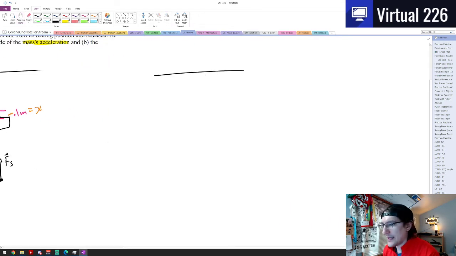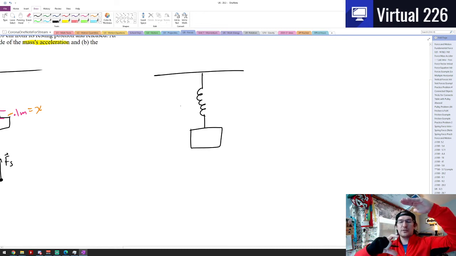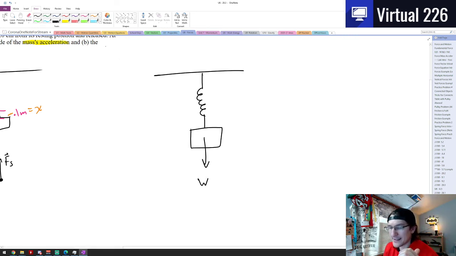If I had my spring, and I put a block at the end of it, and the spring has stretched because of the block and it's hanging there, then the weight acting down and the spring force pulling up are equal, right? The block's not moving anywhere, it's in an equilibrium position.